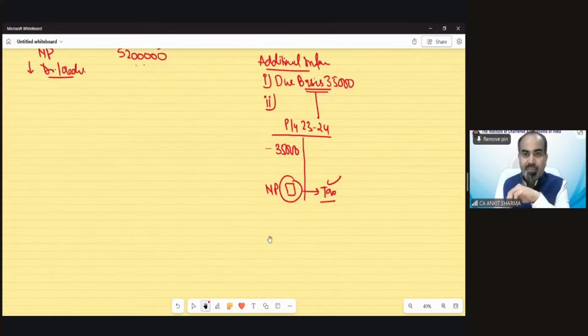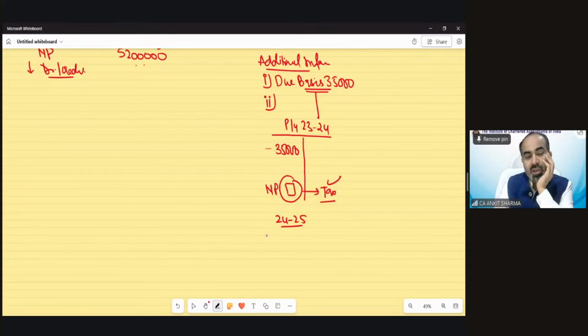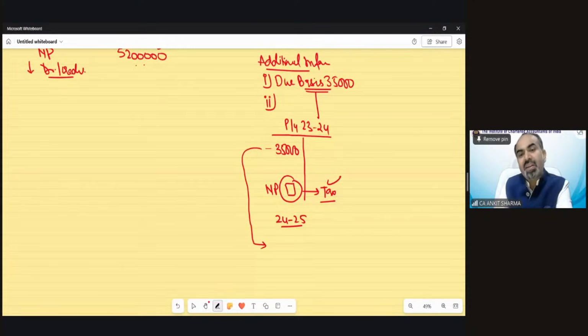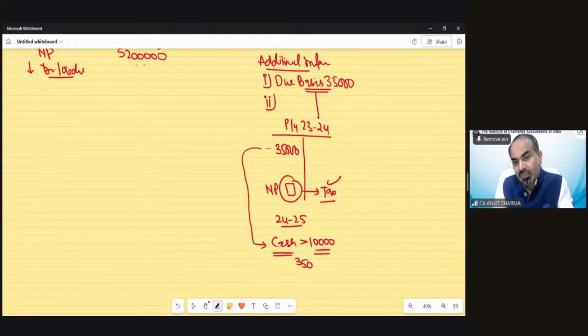Now what is happening in this year 24-25? The payment of this expenditure, which has already been claimed as a deduction, has been made in cash, exceeding 10,000 in one day. Because it has been paid in cash, we did not claim the 35,000 from this year's profit of 52 lakh, since we already claimed it last year.